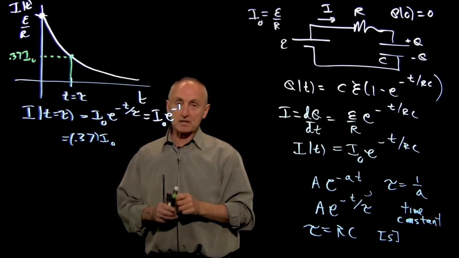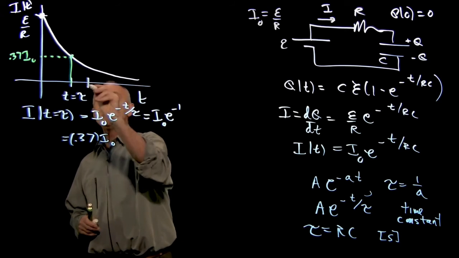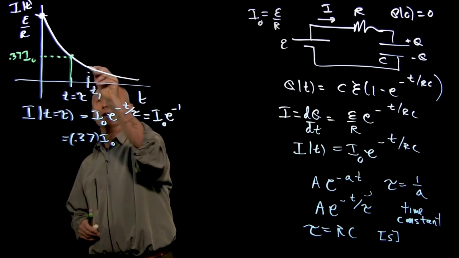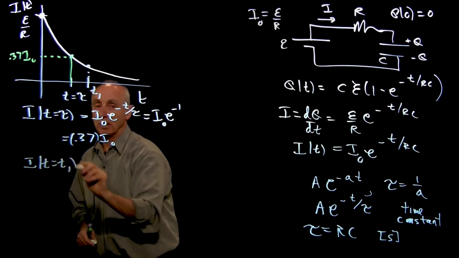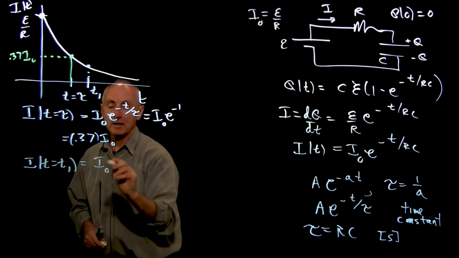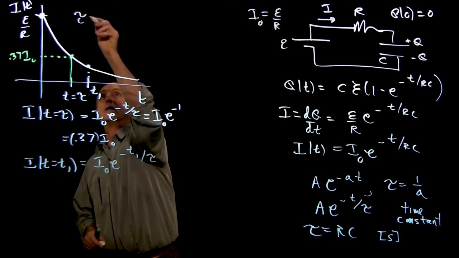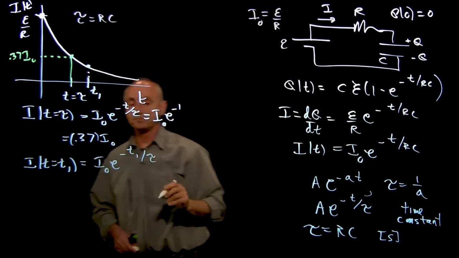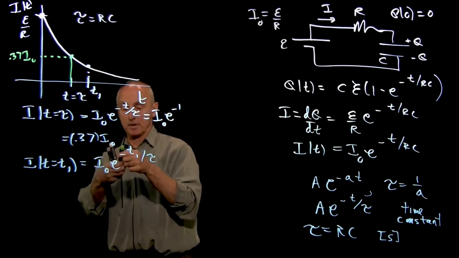But this is something that's even much more general for an exponential function. Let's just pick any point t1. Then the current at t equals t1 is equal to I naught e to the minus t1 over tau. Keep in mind tau is RC. Now, let's go one time constant later.